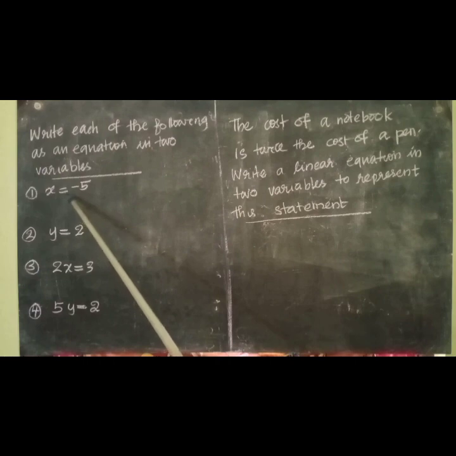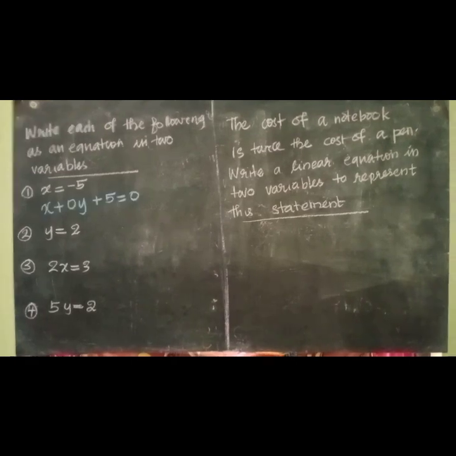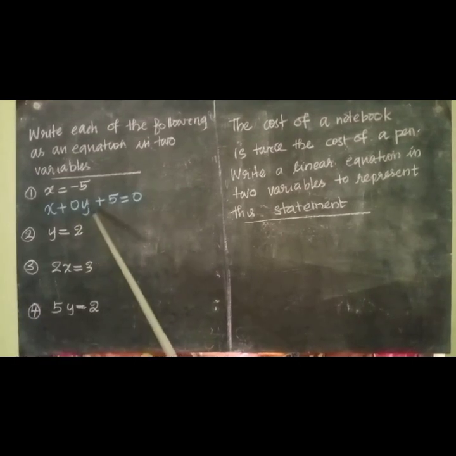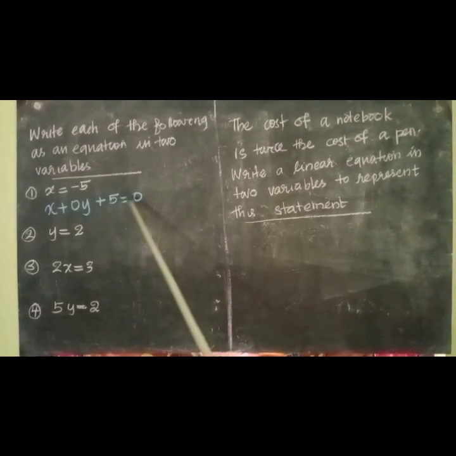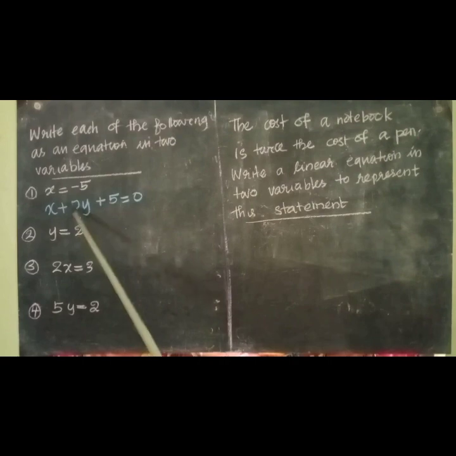So there you have to write down 0y. So let us see how we can write this x equal to minus 5 in the form of a linear equation in two variables. So we can write it as x plus 0y plus 5 equal to 0. This minus 5 is taken to the left side. It became plus 5. Y was missing. There we wrote plus 0y.